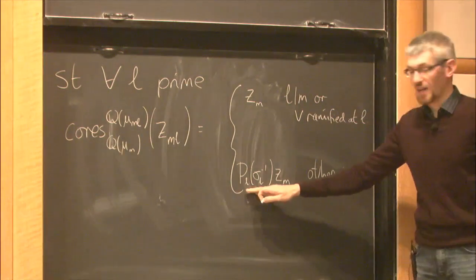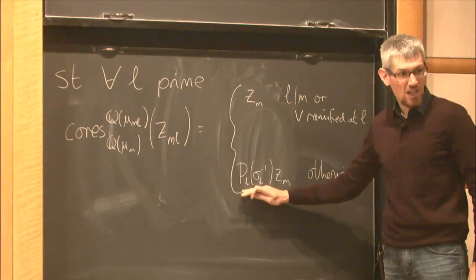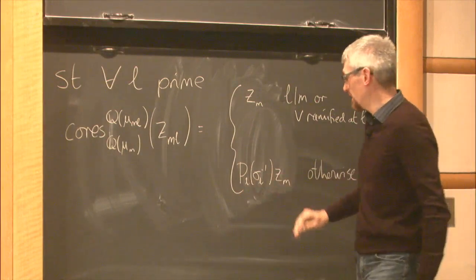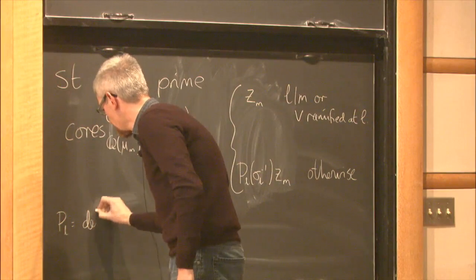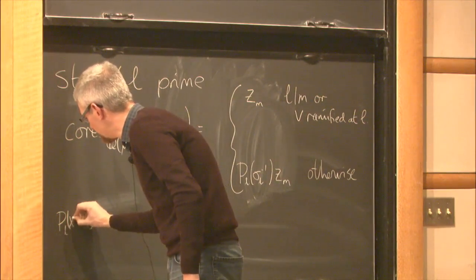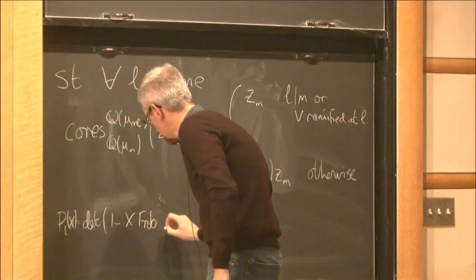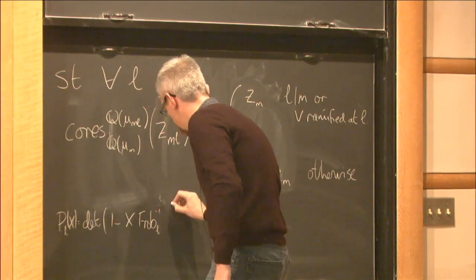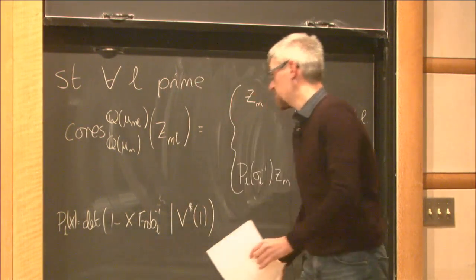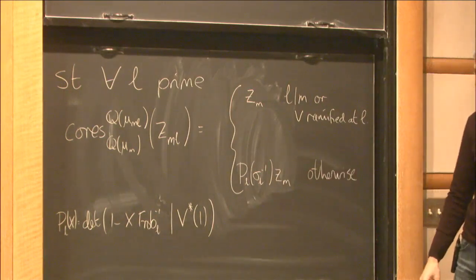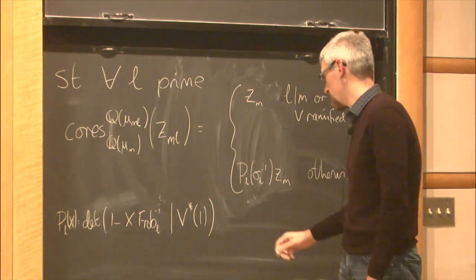And when l does not divide m, and it's a good prime for V, you require that you get z_m acted on by an Euler factor. And this Euler factor is a polynomial, and a minor point, it's not the Euler factor of V, but the Euler factor of the Tate dual V^*(1), which is in many examples the same thing as V, but not always.